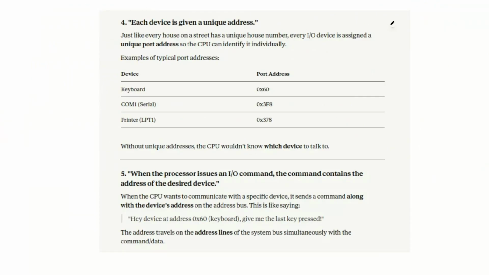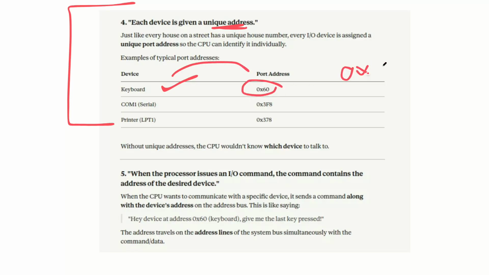We have also discussed that each of these devices has a unique address. If you consider the keyboard, it would have a port address 0x60. Similarly, different devices, like the printer, have their own port address.